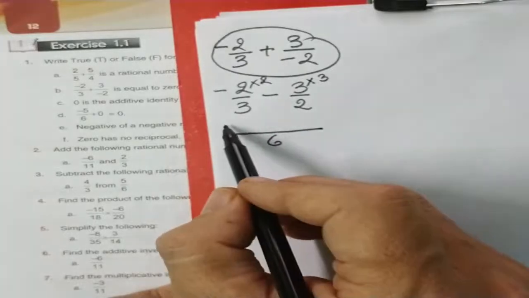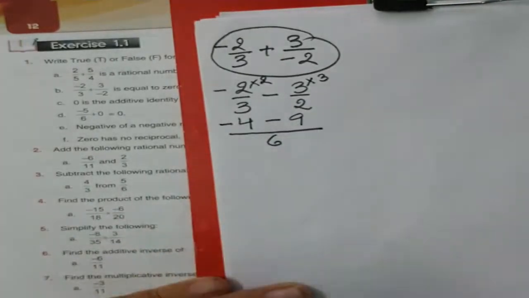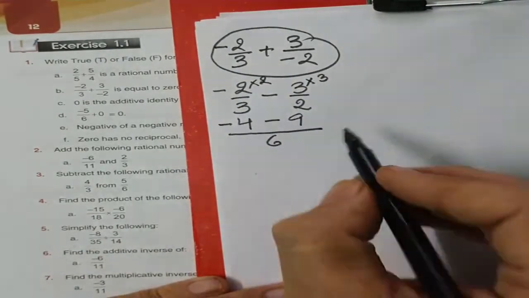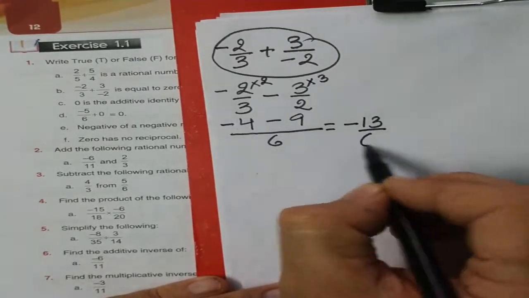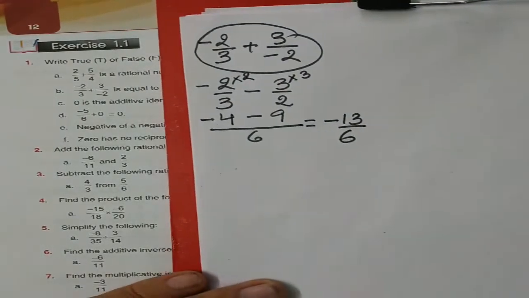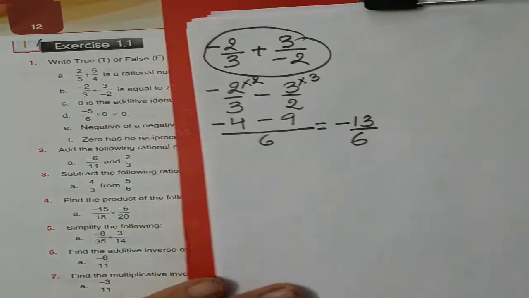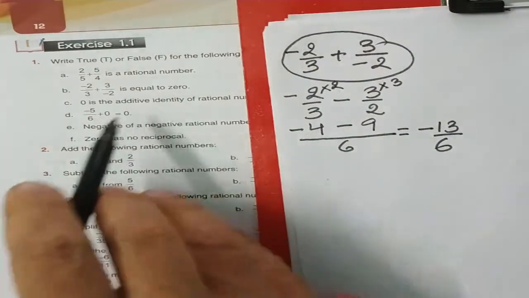Now the number is minus 4, minus 9, 2 into 2 is 4, 3 into 3 is 9, and the answer is minus 13 upon 6. Okay, so the answer is equal to 0? The answer is not 0, it is false.